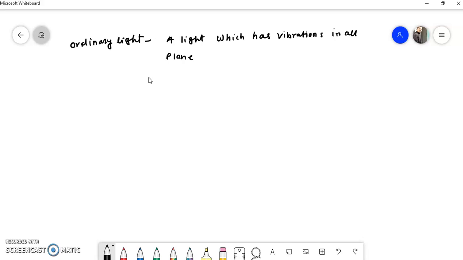But what is plane polarized light? You remember that plane polarized light has vibrations only in one plane. It is very simple. Ordinary light has vibrations in all planes, and plane polarized light has vibrations in only one plane.